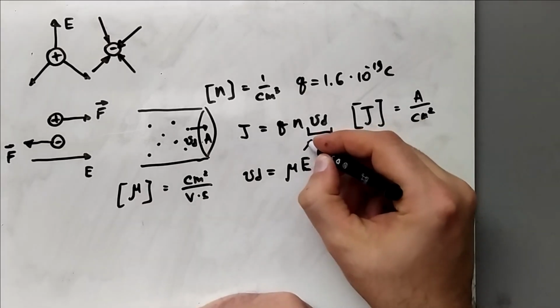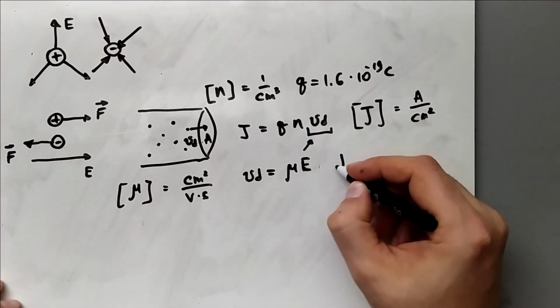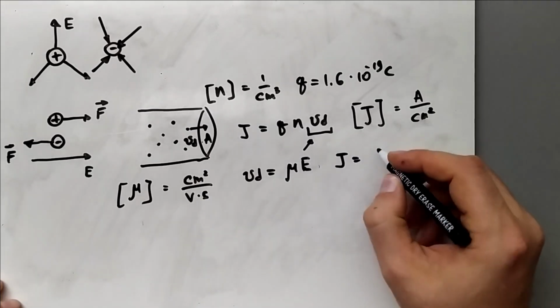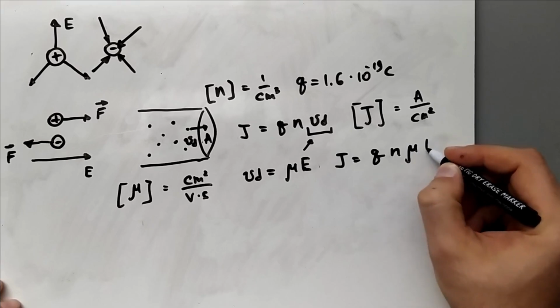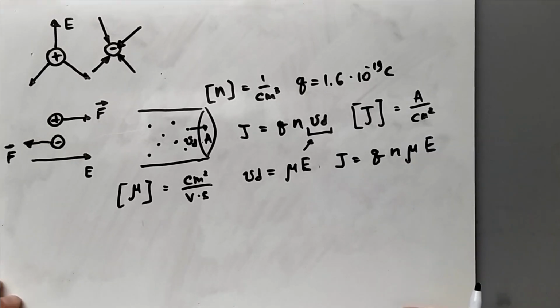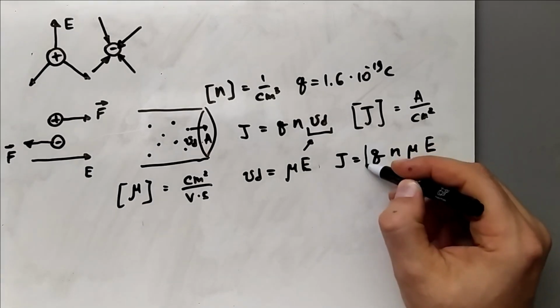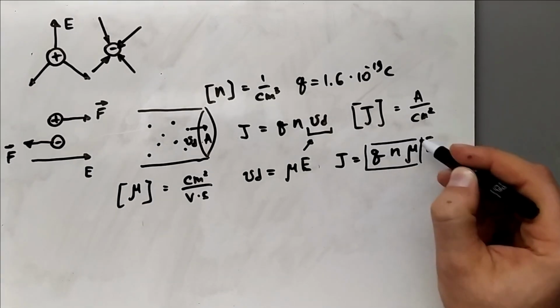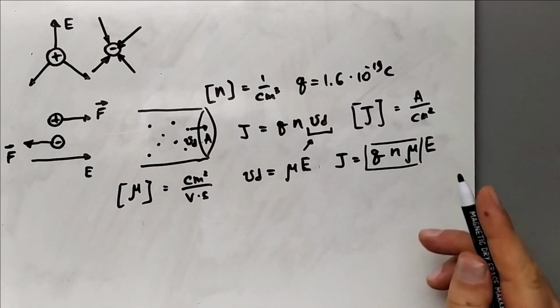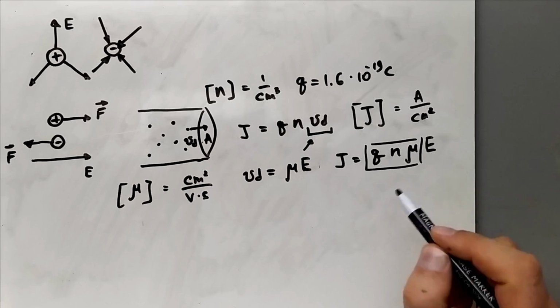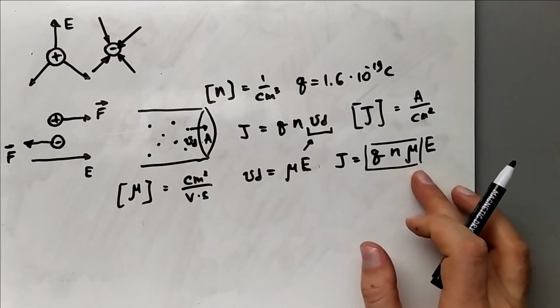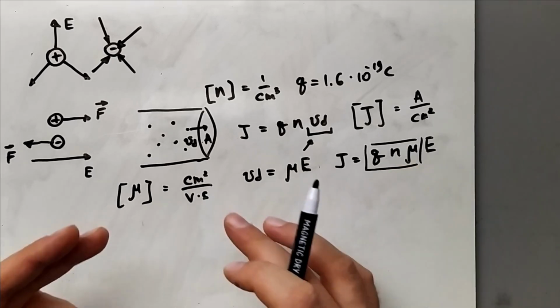So now we can represent V_D, the drift velocity, as the product of mobility and electric field. If we substitute it here for current density, we can write Q times N times mu times this electric field, which drives charge carriers. Now we can look at these three parameters: Q is the elementary charge, N and mu are the concentration of electrons and their mobility in the given metal.